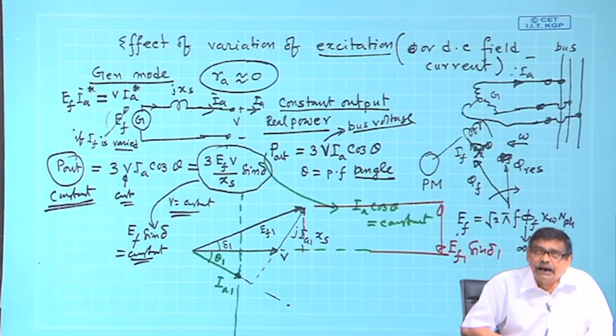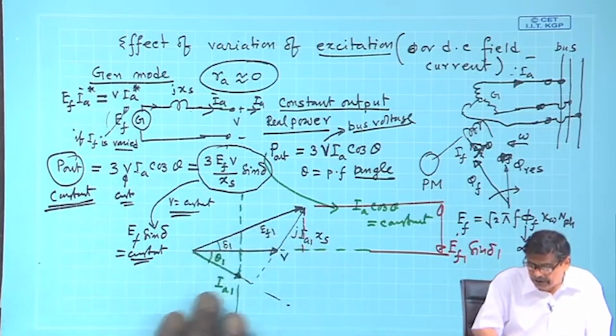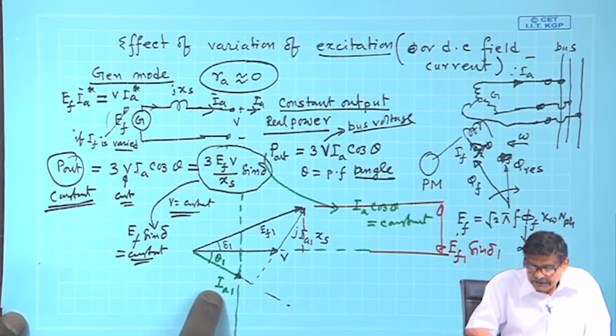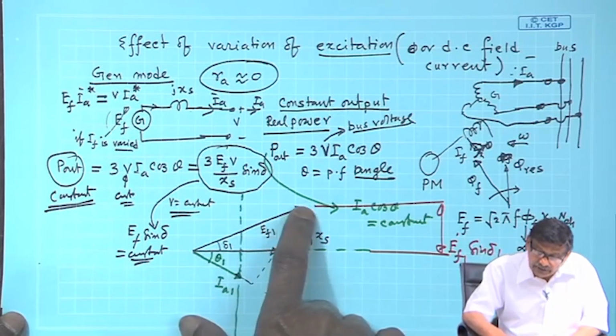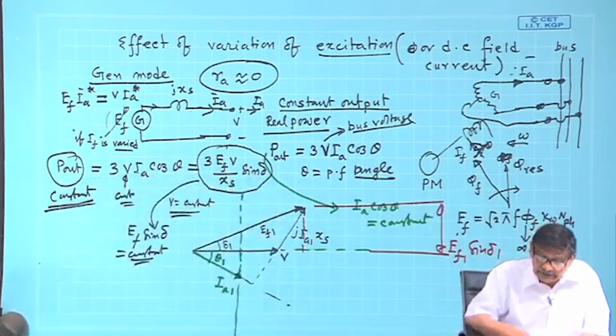Now, the most important point. This is for a general operating point. The generator is delivering a certain armature current I a 1 at a power factor angle theta 1. At that time, this is E f 1 and I am demanding that this power remains constant.